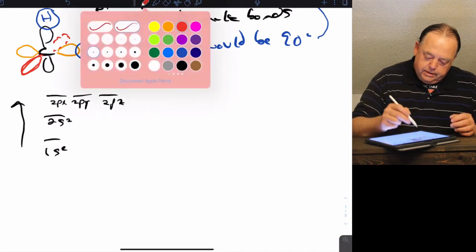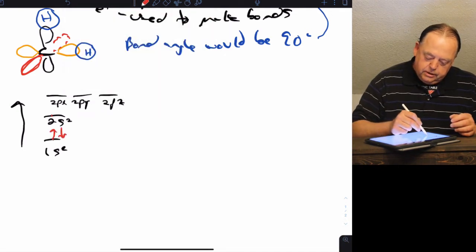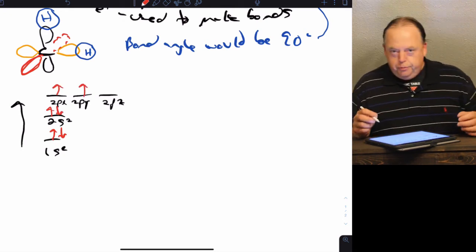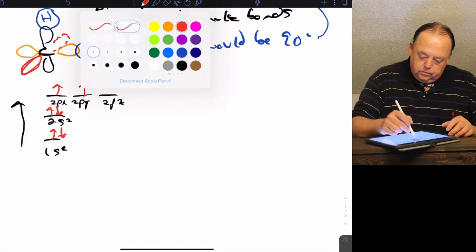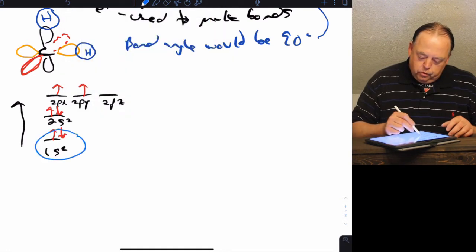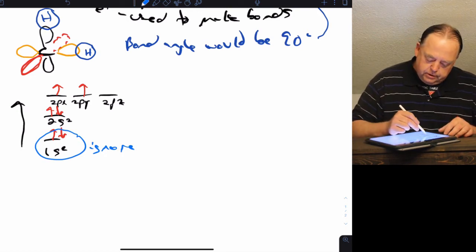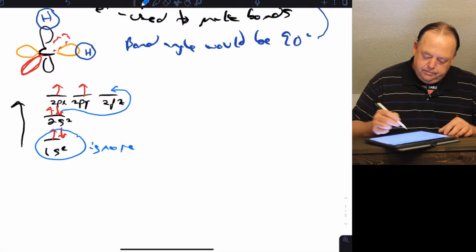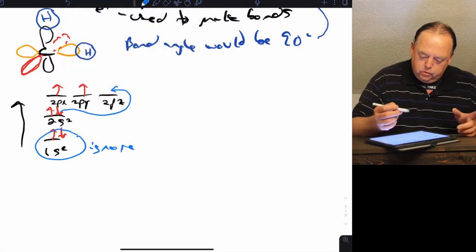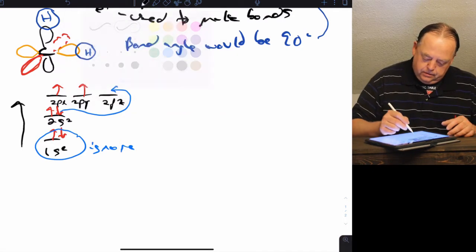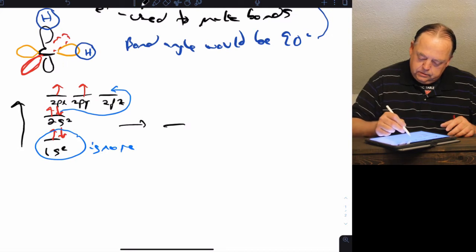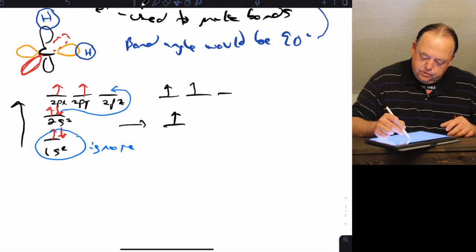Carbon has 2 electrons in the 1s, 2 in the 2s, and 2 in the 2p. We're going to ignore the 1s and only use the 2s and 2p electrons, and we're going to take one electron from the 2s and move it up an energy level, which requires energy. So now there is 1 electron in each.